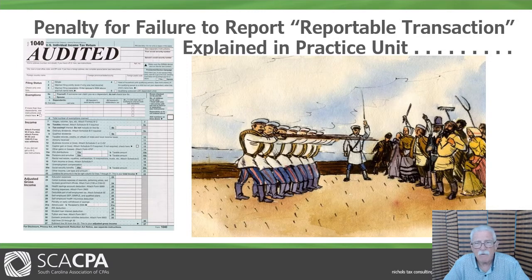The penalty for failure to report a reportable transaction is explained in a practice unit, and it is illustrated on this slide. The return is audited. The IRS discovers that the taxpayer did not report their participation in a reportable transaction. There will be a penalty.